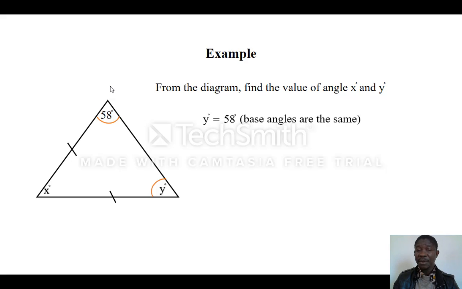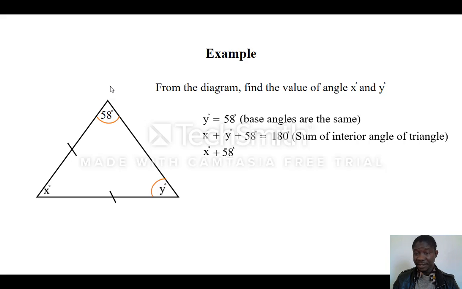When we sum up the interior angles, it should give us 180. Therefore, X plus Y plus 58 equal to 180. Since Y is 58 degrees, we get X plus 58 plus 58 equal to 180.